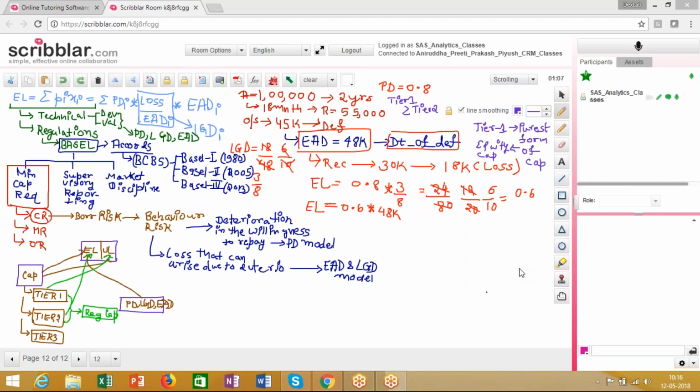So standing today on the 1st of April, I need to understand that from the 1st of April 2018 till the 31st of March 2019, which are the borrowers who are likely to default? From this default, how much am I at stake? What portion of my total exposure is at stake? And from that exposure, what percentage goes on to loss? This prediction needs to be done over the next 12 months. Clear? That is where we come up with questions related to PD, LGD, and EAD models.